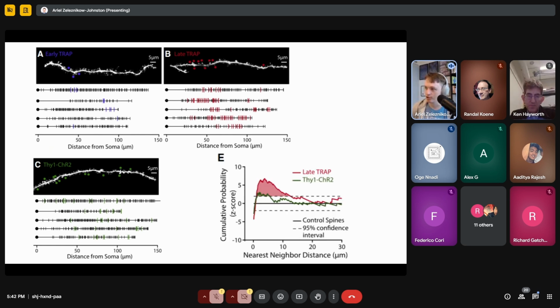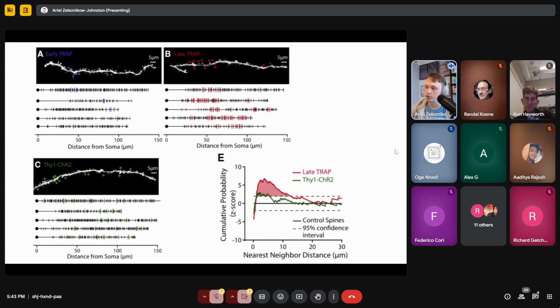But they did calculate it, which I will show here, where they do a nearest neighbor distance. They're taking the spines and seeing how close they are to other spines. Then they do their stats by randomly shuffling the spines around and seeing the distance to get their 95% confidence intervals. You can see specifically in the late trap animals that there's a big spike in proximity at around 5 or 7 micrometers or so.